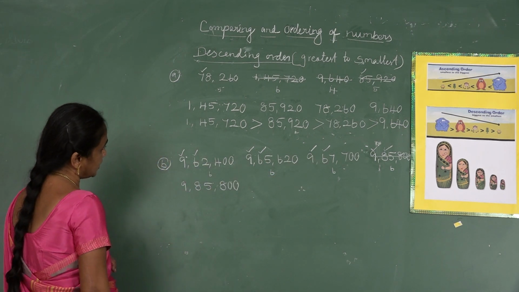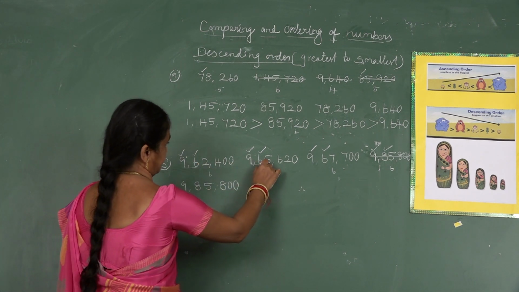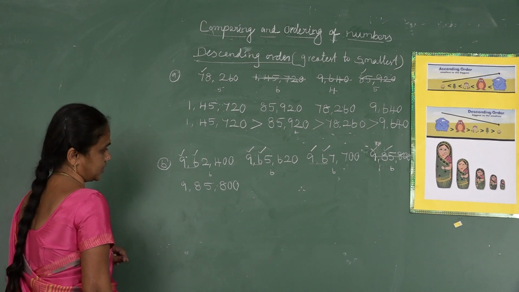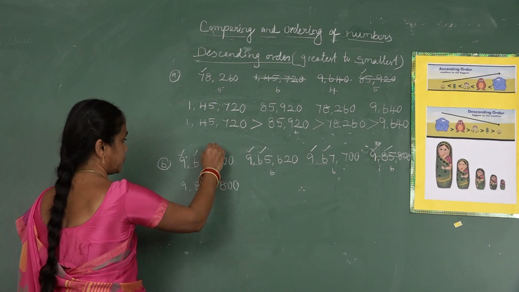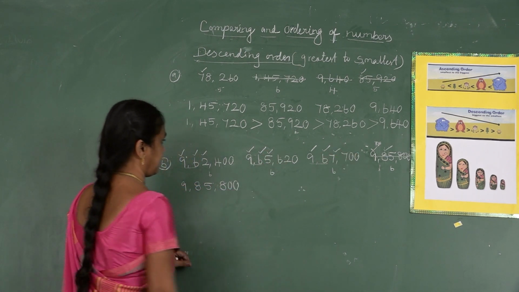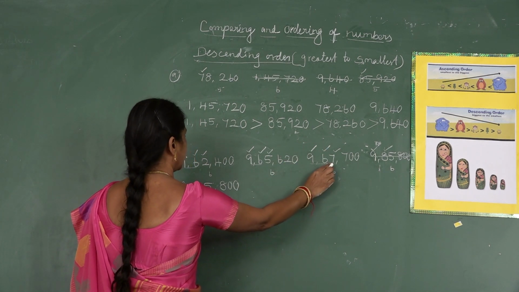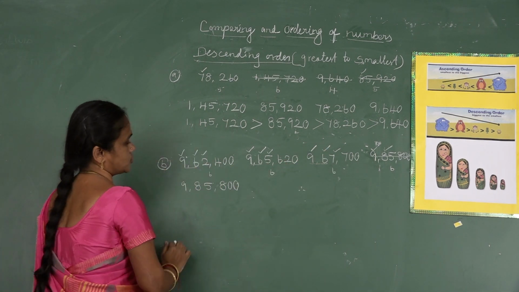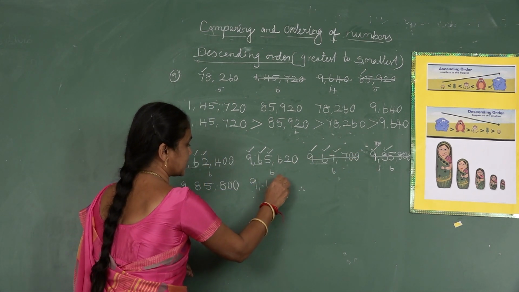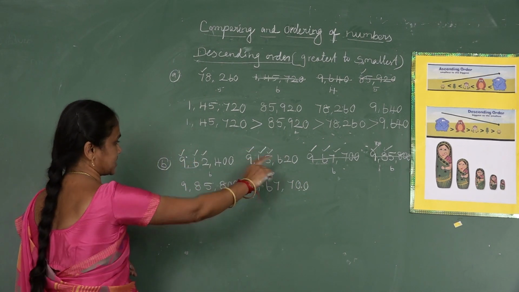Now we have three numbers. In these three numbers, the first two digits are equal. So we compare the 1,000 digit. In the 1,000 place, here 2, here 5, here 7. The 7 is greater than 5 and 2. So we write 9,67,700. Now we have two numbers.